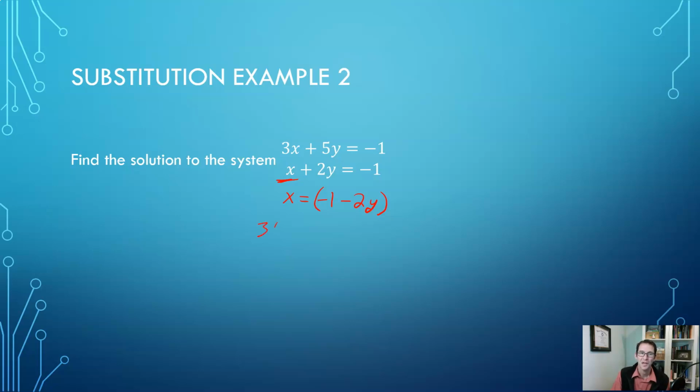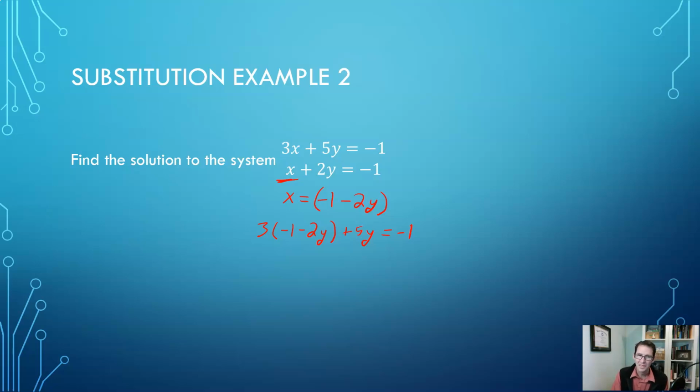So 3 multiplied by (-1 minus 2y) plus 5y is equal to -1. Well, that looks messy and not much fun, but hey, we can work through this. We just have to distribute and simplify, meaning we're just going to combine all the like variables.